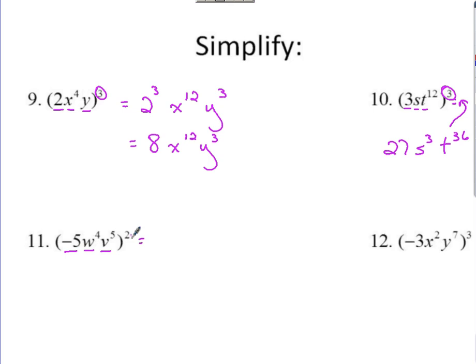If negative 5 is being raised to a power of 2, what do I get? You get 25. Because negative 5 to the 2nd means negative 5 times negative 5, so you get positive 25 back. You got 25 w to the 8th, because that's 4 times 2, v to the 10th, because that's 5 times 2.